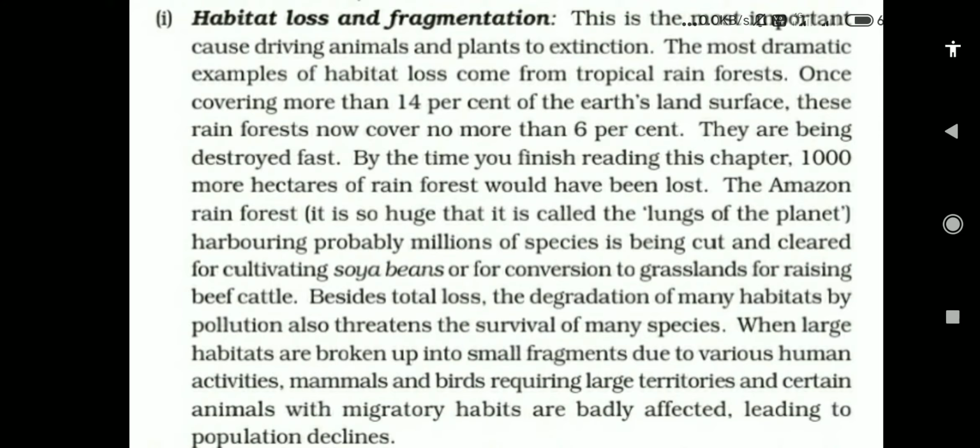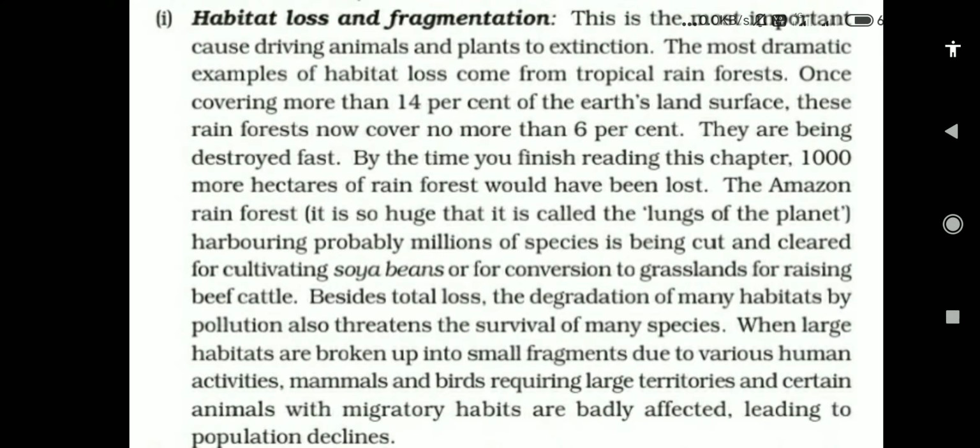Human activity started there too: they cut millions of plant species, and in their place started cultivating soya bean and using grassland for grazing cattle, and due to this the degradation of habitat takes place. So habitat loss and fragmentation occur, and the diversity of species decreases.